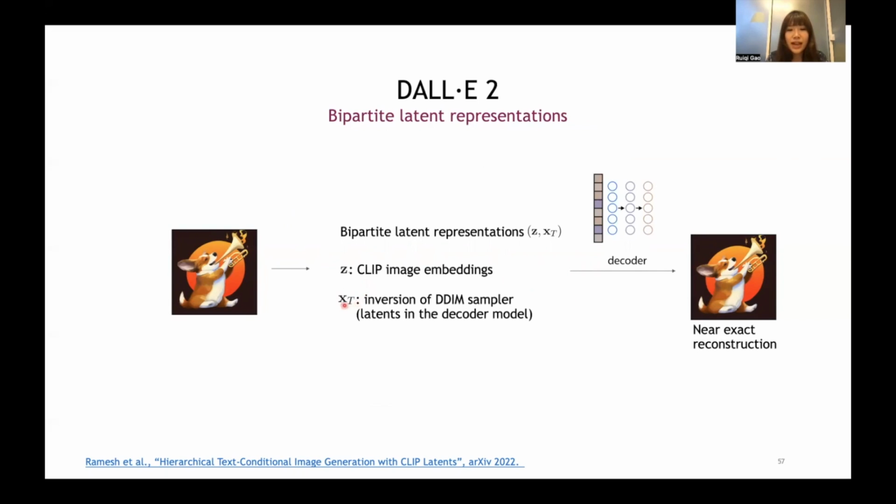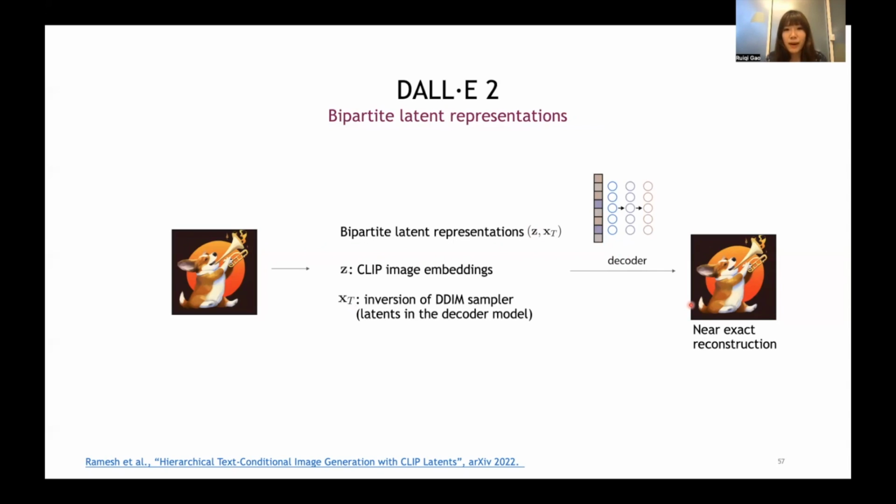And the second part is this x_T, which is the latent from the decoder. And this part can be derived by running the inversion of a DDIM sampler for the decoder. And after getting these two latent representations, the paper shows that it is possible to run this decoder and get a near perfect reconstruction of the original input image.